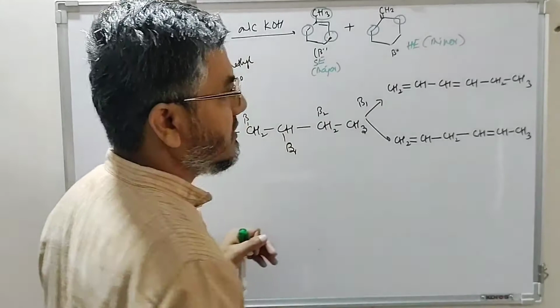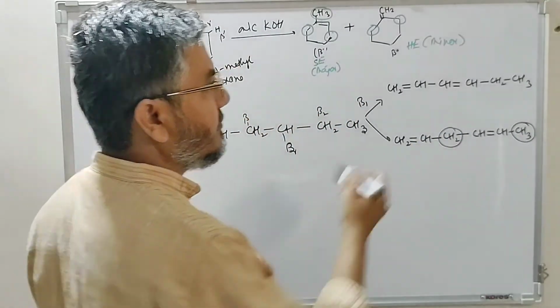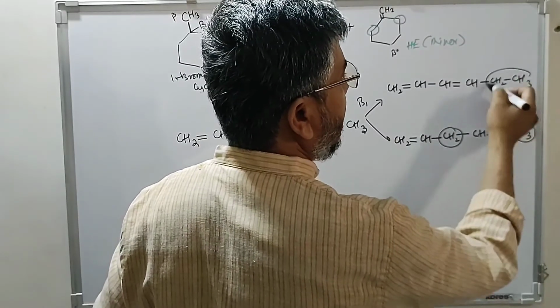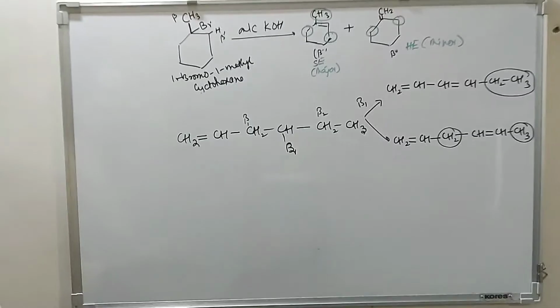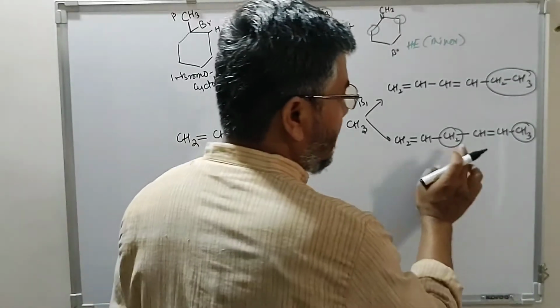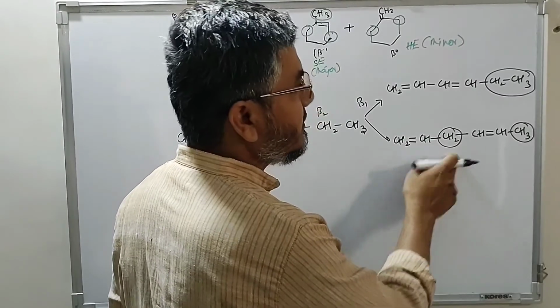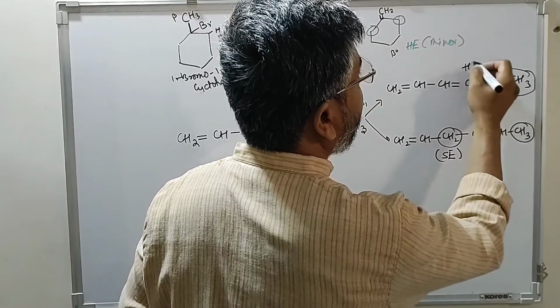If you look at this, this is an alkyl group, this is an alkyl group here. But here, this is an alkyl group, this is an alkene group. So this is the Saytzeff product, and this is the Hofmann product.